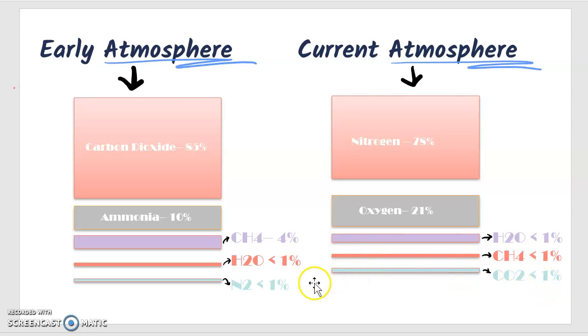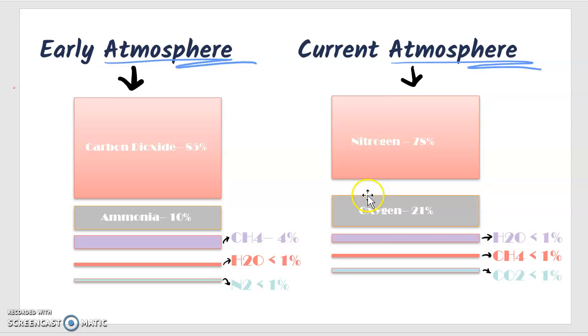Going back to our standard, we are looking at how natural phenomena changed the composition of our atmosphere. We have carbon dioxide in the early atmosphere. This came from volcanic eruptions. How about nitrogen in the current atmosphere? This is brought by the decomposition of plants and animals.